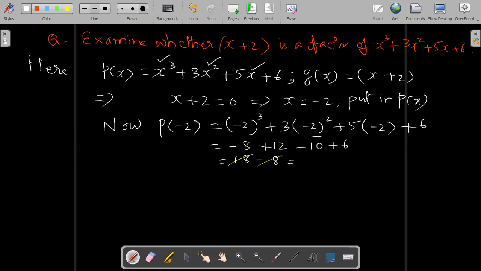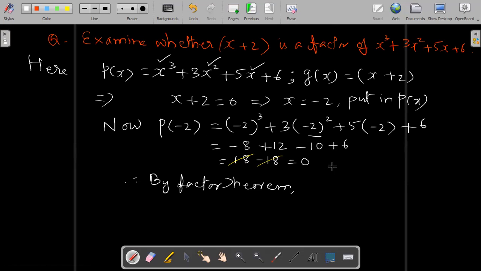So as the remainder is 0, by factor theorem we can say that x plus 2 is a factor of x cube plus 3x square plus 5x plus 6. When we are talking about the factor, we say factor theorem. When we are finding the remainder, we say by remainder theorem this remainder is 0.